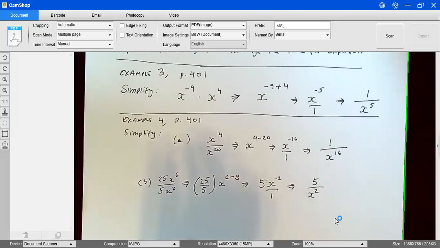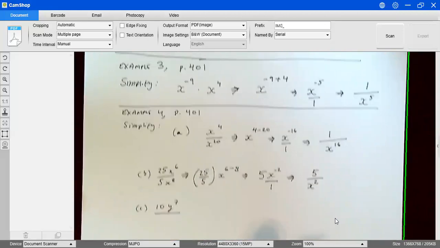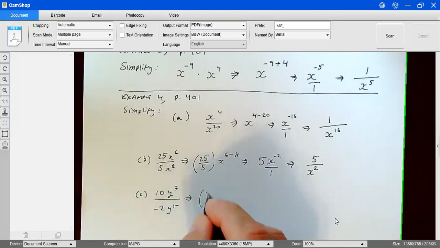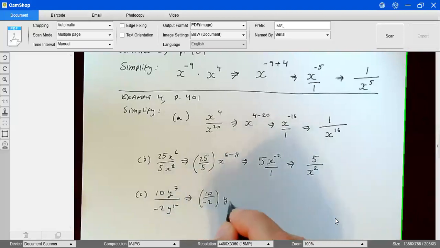So that's the answer. Then the last case is just 10 y to the 7 over negative 2 y to the 10. So we're going to divide coefficients, 10 over negative 2, and we're going to divide variables by subtracting exponents, in this case exponent from the numerator minus exponent from the denominator.